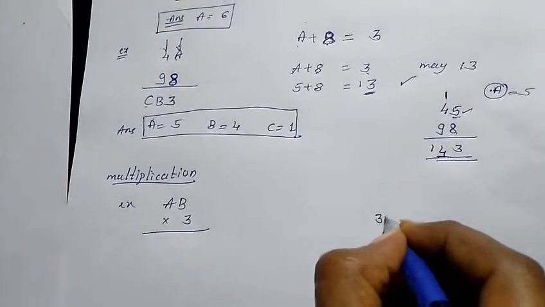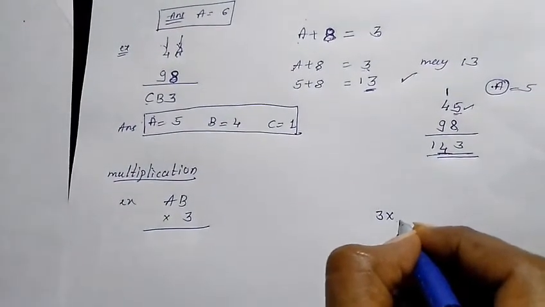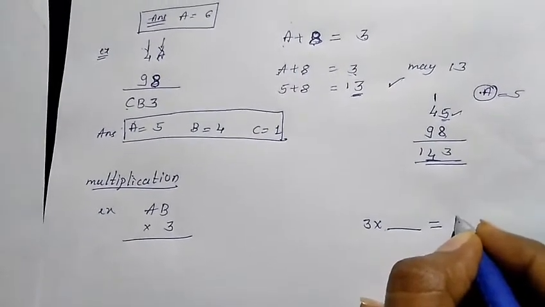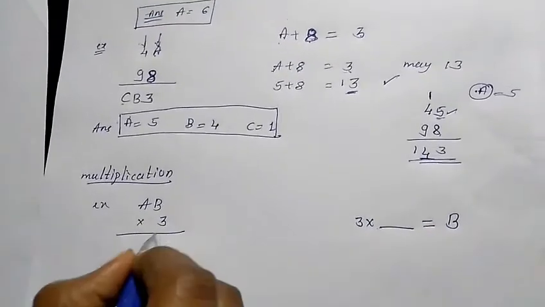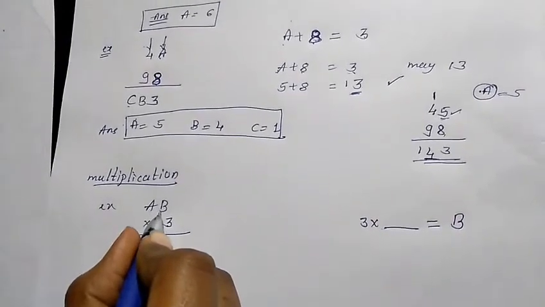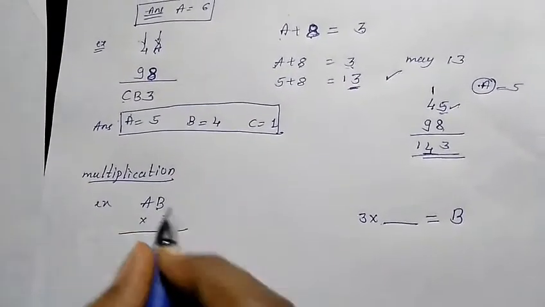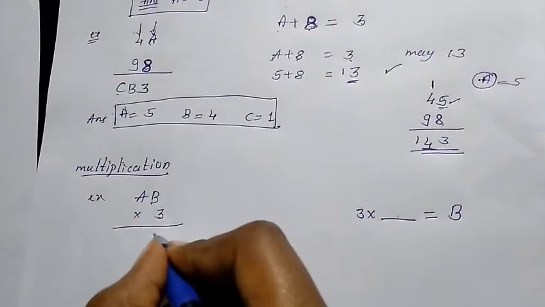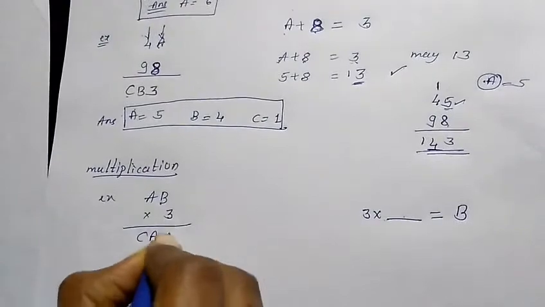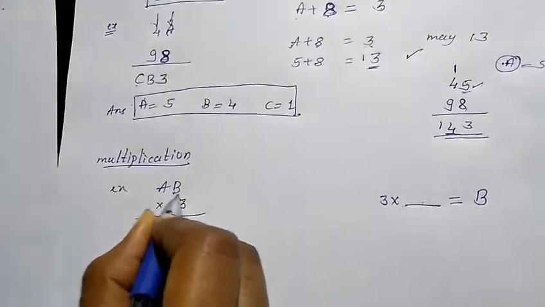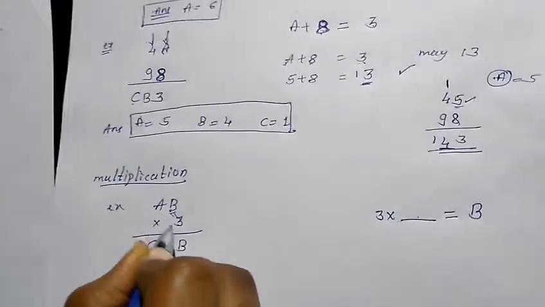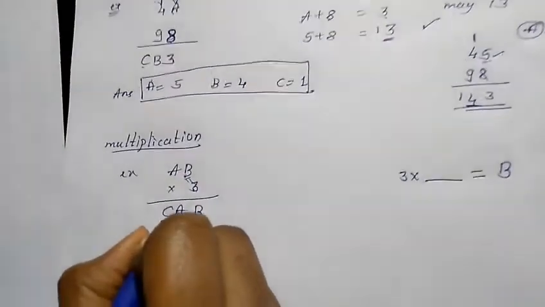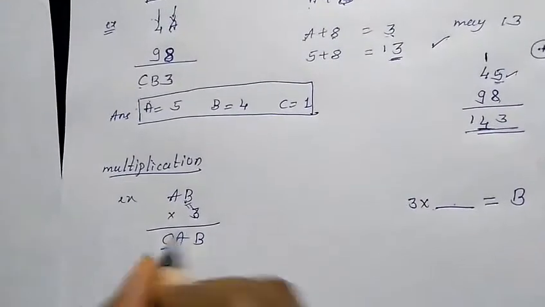Just check 3 into some number B. When you multiply AB by 3, you must get the answer CAB. That means 3 into B should give B, and 3 into A should give CA, a two-digit number, in the multiplication.